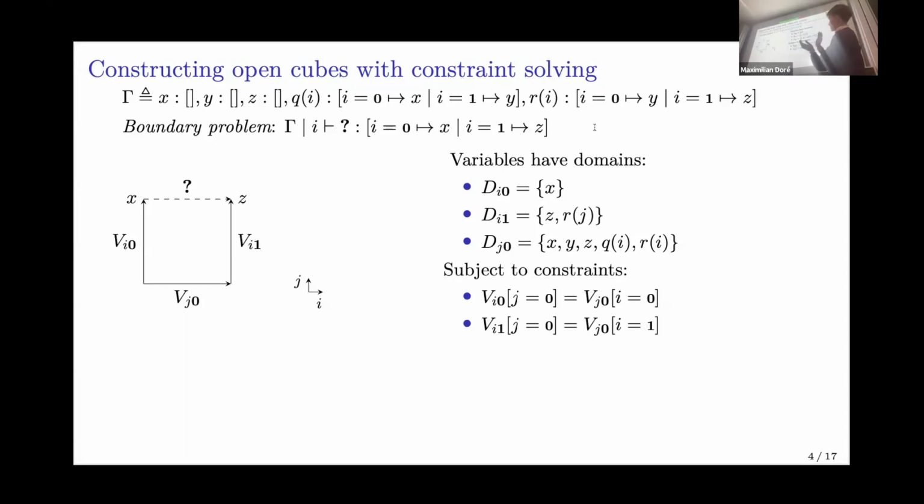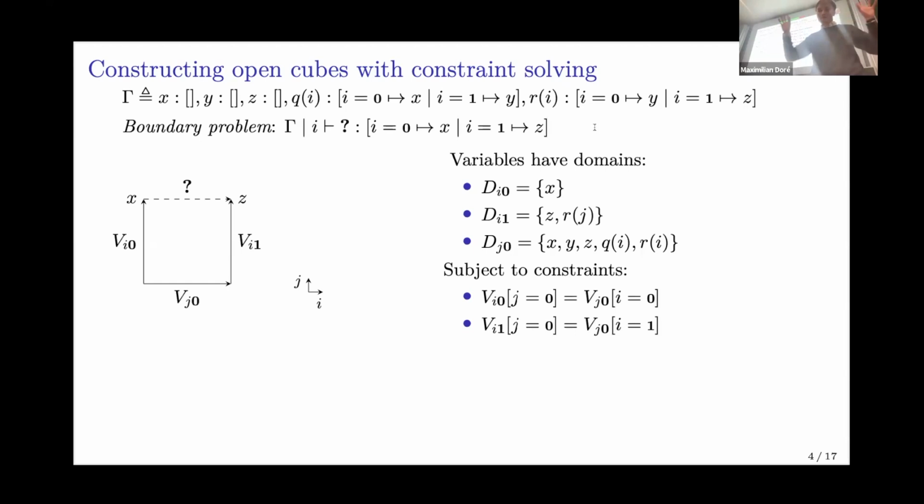And then we also said they need to be fitting together, right? So this is what these constraints say. Just the left endpoint of the left side and the left endpoint of the bottom side need to match. Now, if you did some computer science, you might have come across these as constraint satisfaction problems.